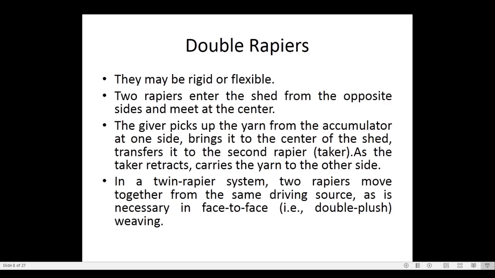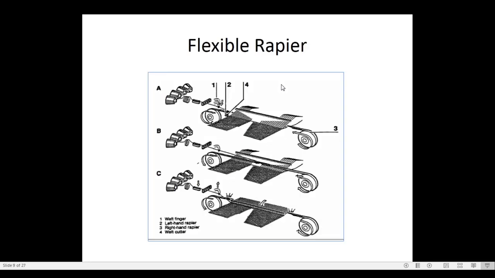Then we have seen the double rapier. Again, the double rapier is rigid and flexible, and we have seen its advantages and disadvantages. With the flexible tape, there is winding and unwinding of the tape. If unwinding is there, the tape goes inside and comes out.